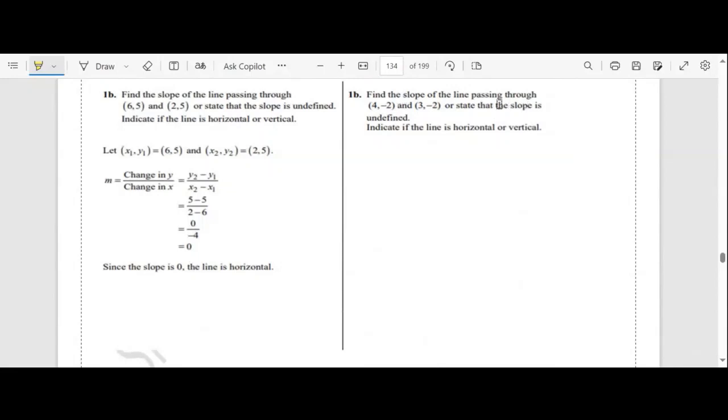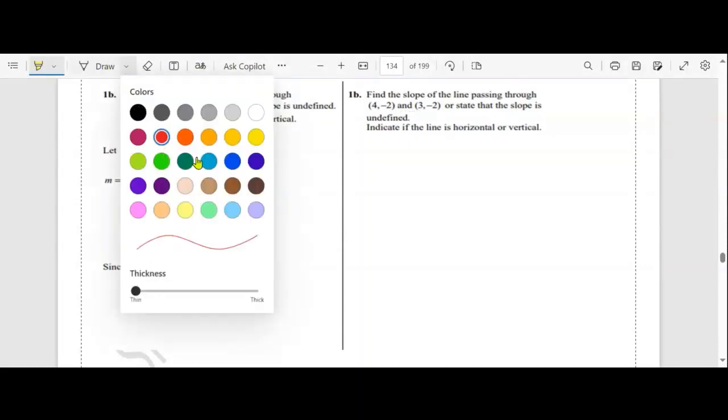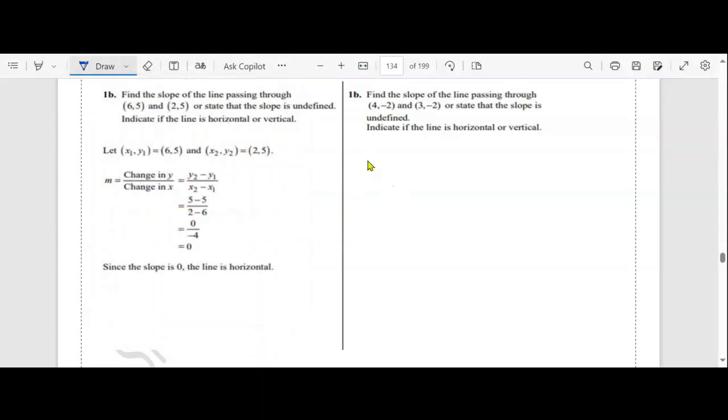Find the slope of a line passing through these two points, or state the slope is undefined. We'll do the same thing again. This time I'll use a different color. I have 4 and -2, this is x1, y1. I have 3 and -2, that's x2, y2. To find the slope, m, it is going to equal what? y2, how much? -2.